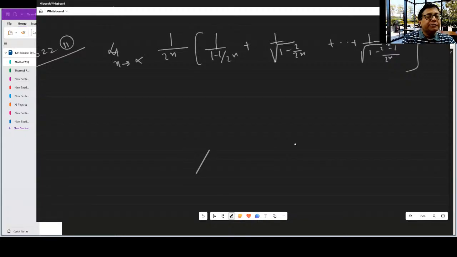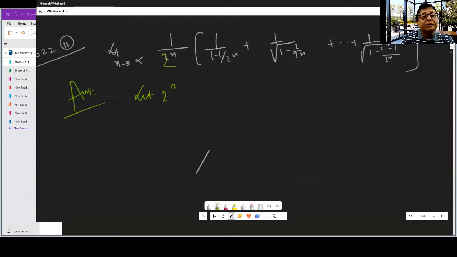For this kind of sum, it is always preferred to start with a substitution. Because it is not n, it is 2 to the power n. Let 2 to the power n is equal to p.